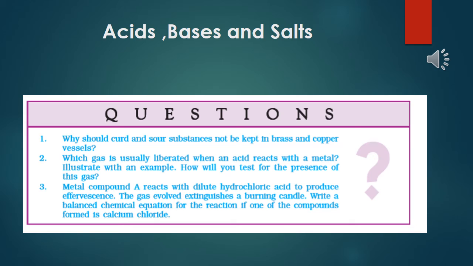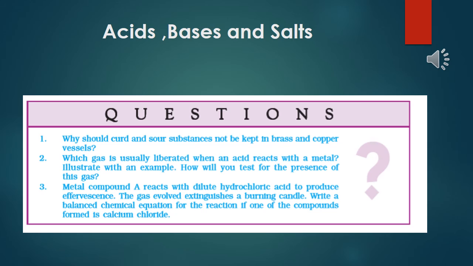So here you can see, curd contains some acid, because we know that any sour substance contains acid, and when it is kept in brass or copper, which are metals, the acid will react with the metal and form hydrogen gas, which is very harmful for our digestion. This answer you write by yourself.